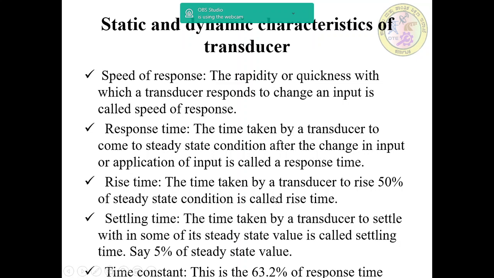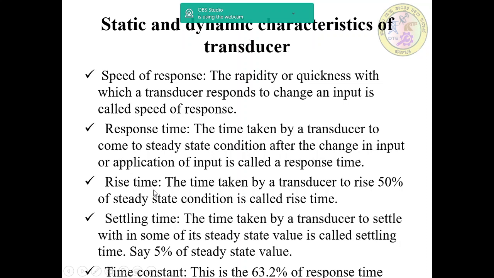The rapidity or quickness with which a transducer responds to a change in input is called speed of response. Next, response time. The time taken by a transducer to come to steady state condition after the change in input or application of input is called response time.